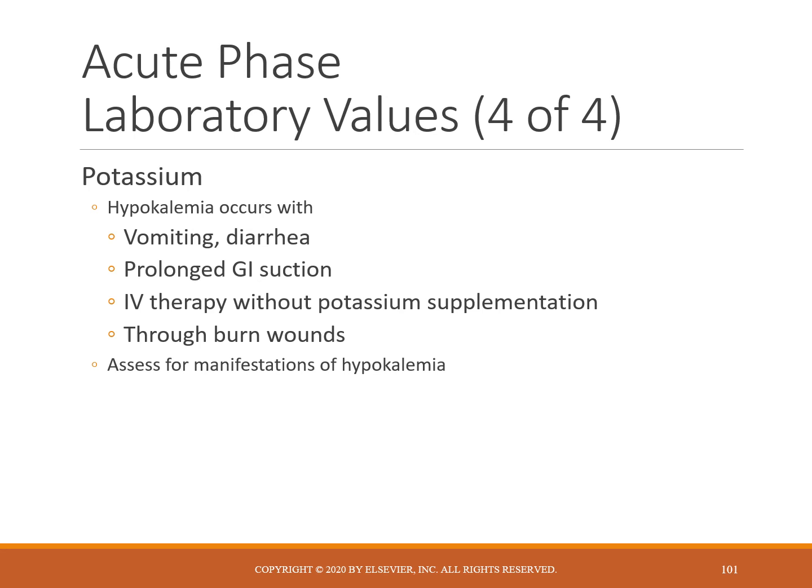The thing is, hypokalemia can also happen, especially if you've been suctioning the GI using the NG tube. Or let's say you're giving too much IV therapy without potassium in it. This can also develop. So again, watch for signs of hypokalemia.